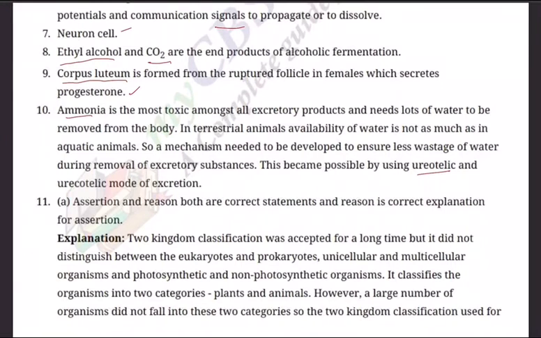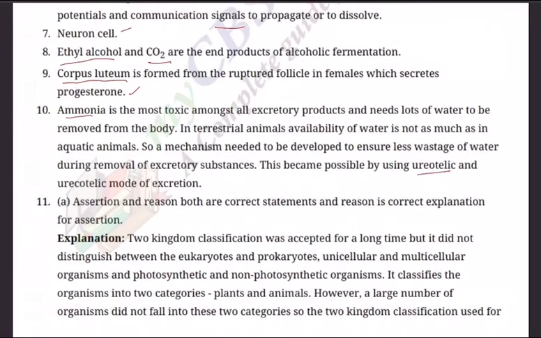Question number 11. Assertion: the two-kingdom classification used for a long time was found inadequate. Reason: this system did not distinguish between the eukaryotes and prokaryotes, unicellular and multicellular organisms, and photosynthetic and non-photosynthetic organisms.